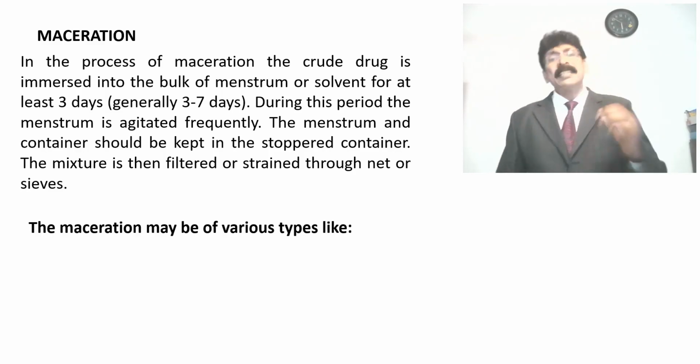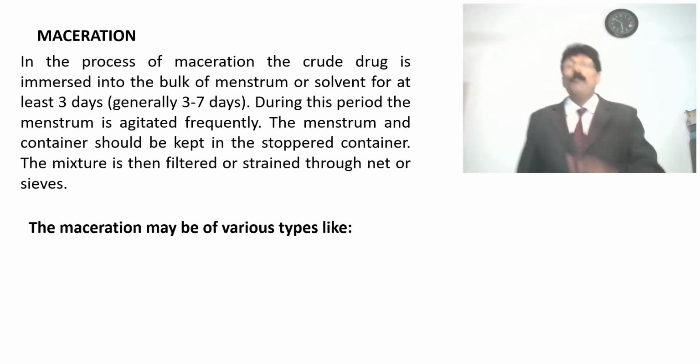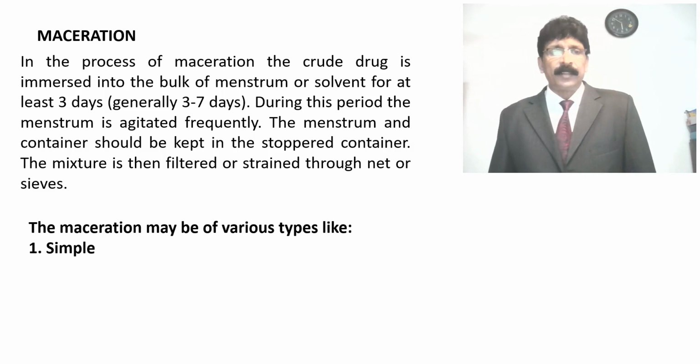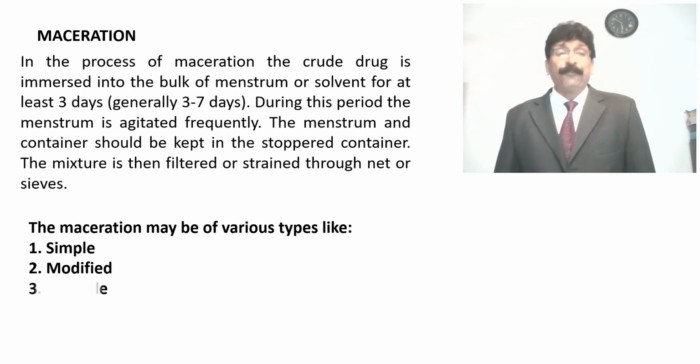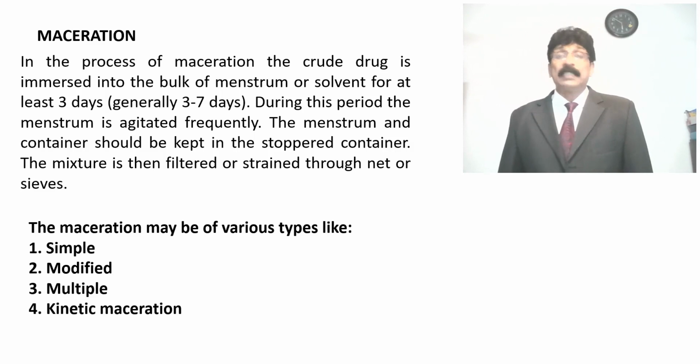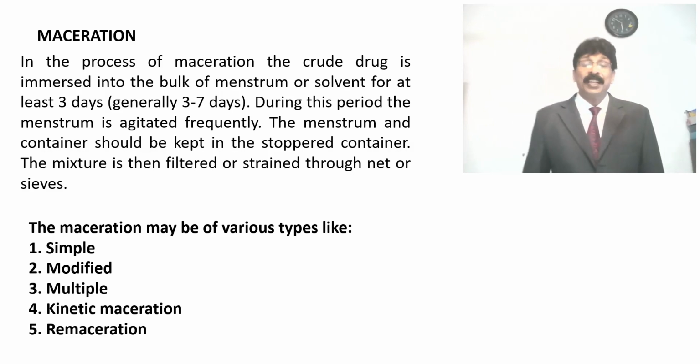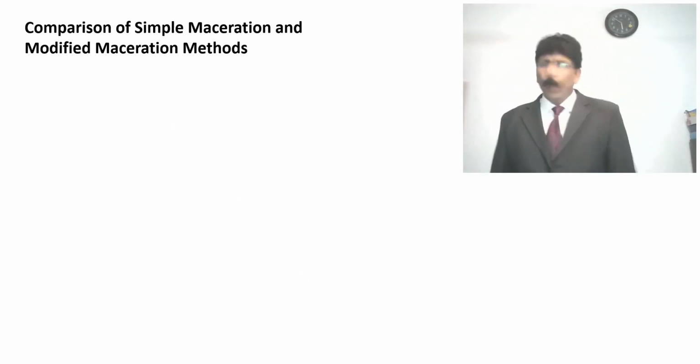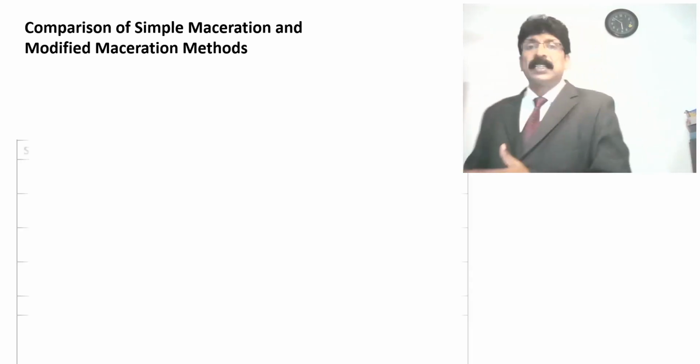Maceration may be of various types, like simple maceration, modified maceration, multiple maceration, kinetic maceration, remaceration. When you come to the comparison of simple maceration and modified maceration, the student should remember organized drug and unorganized drug.